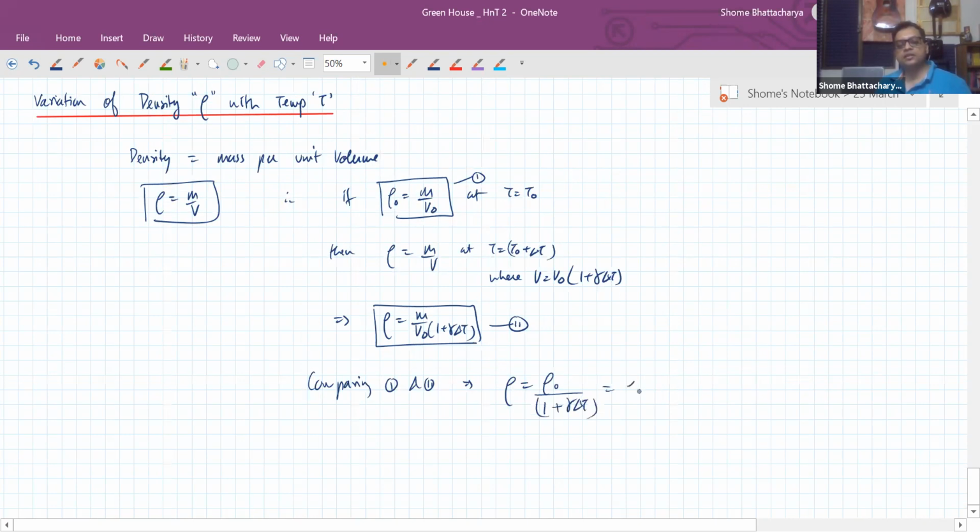So once again, you might have guessed that we will be using binomial approximation. But for that, we will first bring this to the numerator by raising this power. And then next, we will once again use the fact that 1 plus x to the power minus 1 can be approximated as 1 minus x for x being very small compared to 1.